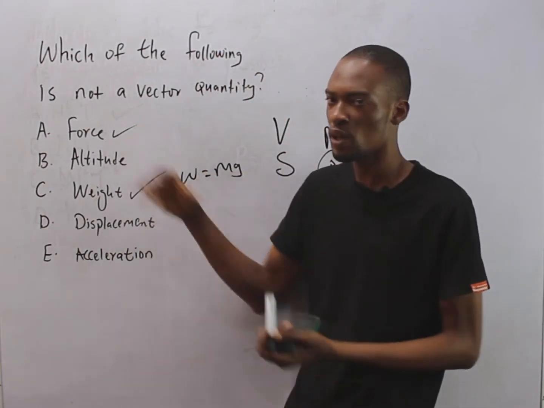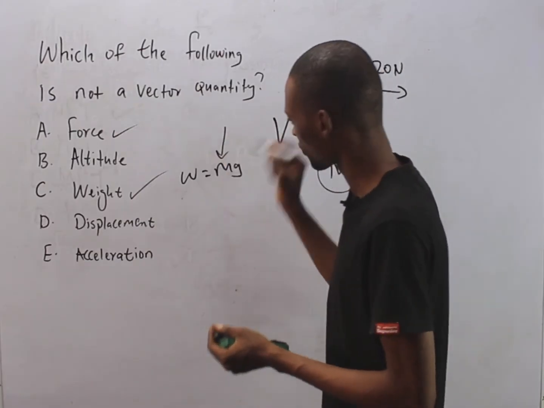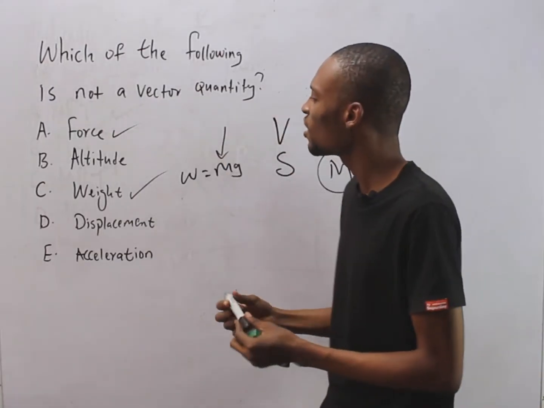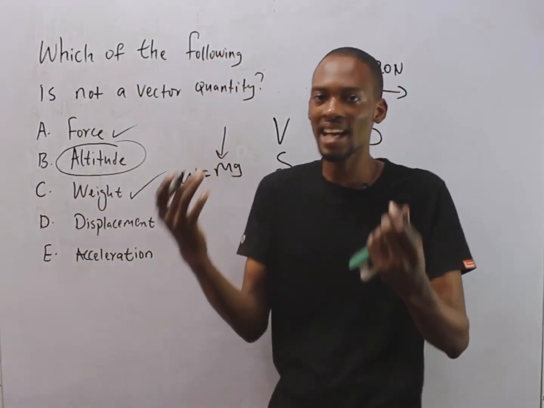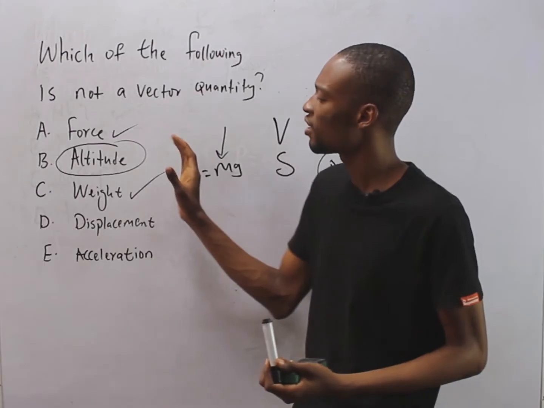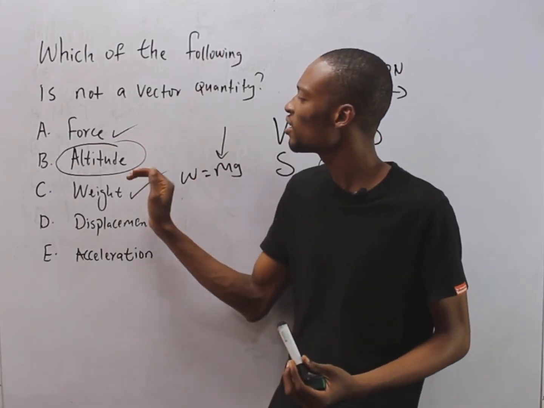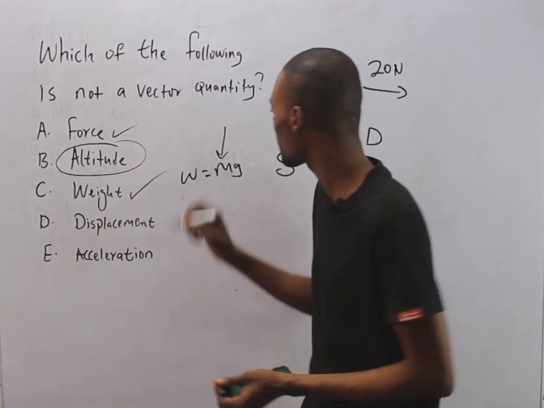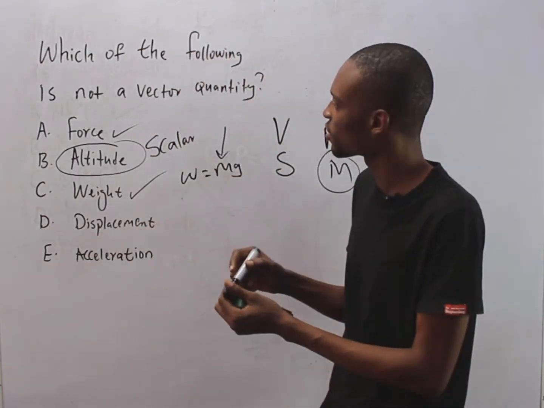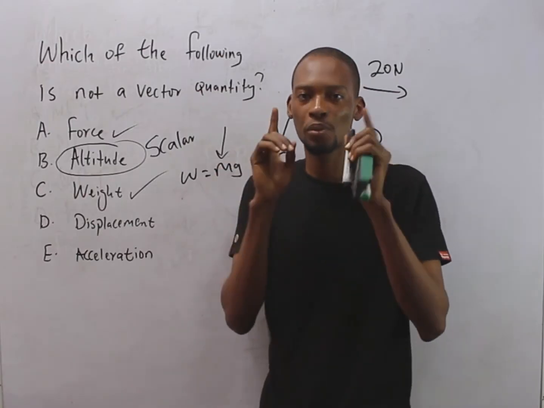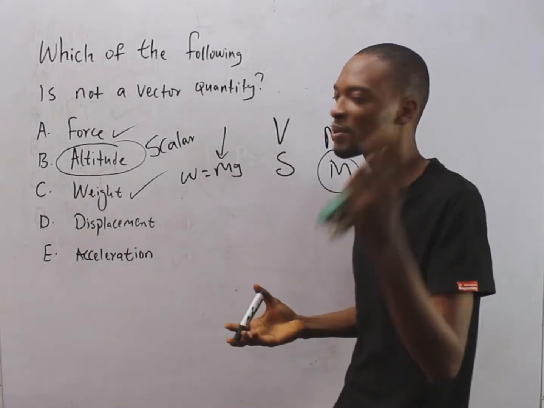It is a force as well, a downward force. Meanwhile, altitude is just a distance or height. It has size and doesn't have direction. It is the only scalar quantity here. It is scalar and not vector. So we will choose option B as the correct option.